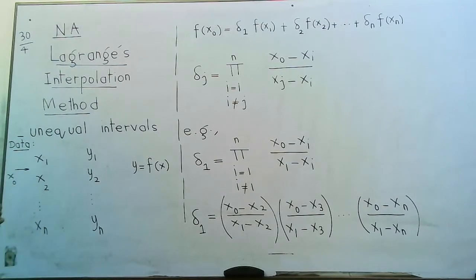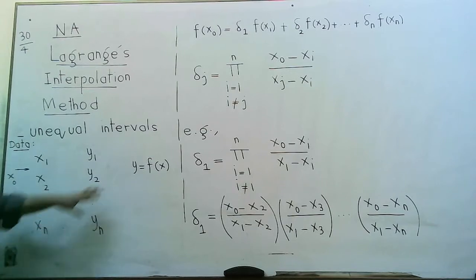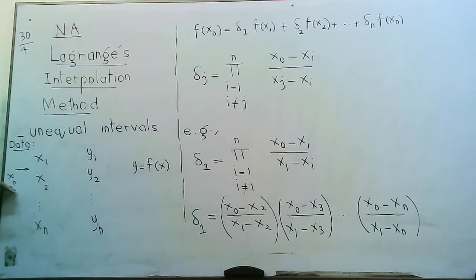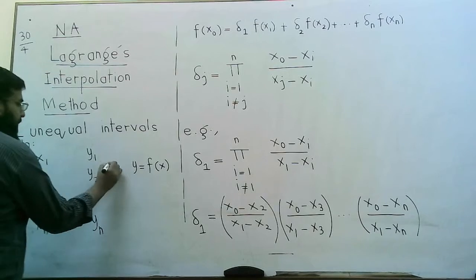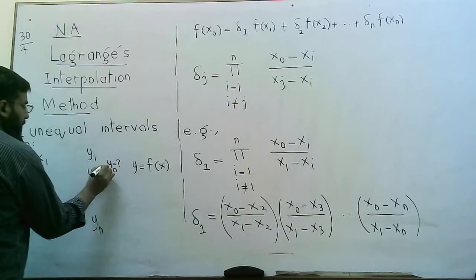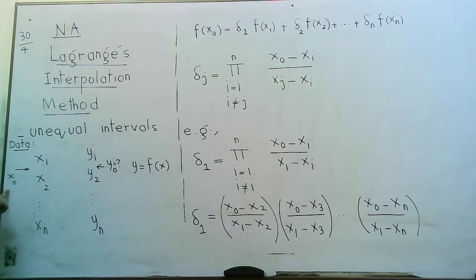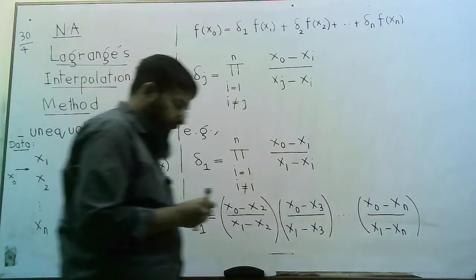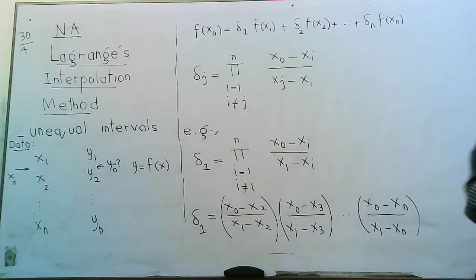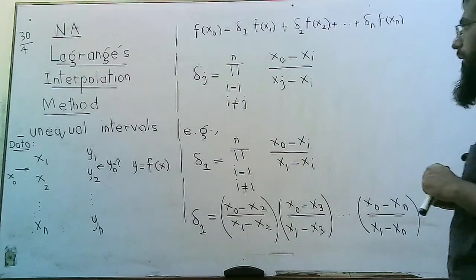We know that interpolation means that, given this table where we have x and y, and y is f of x, we need to find some y naught corresponding to some x naught that is in between any two given values in the table. It can be between x1 and x2, between x2 and x3, between x(n-1) and xn, anywhere between the two values present in the table.